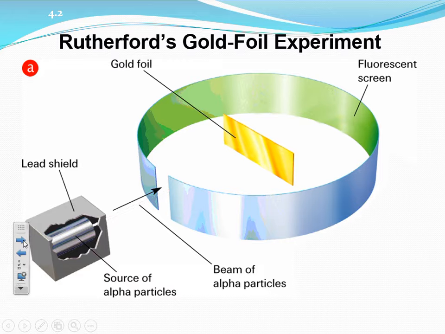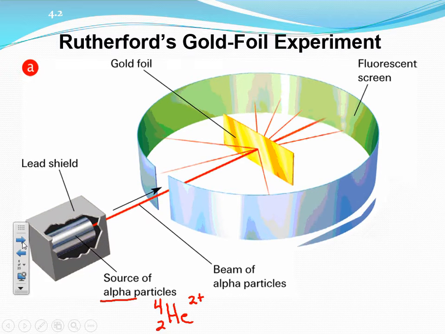A man named Rutherford followed him, and he used something called the gold foil experiment. He had a lead shield around the source of alpha particles, and alpha particles are helium nuclei. So they're stripped of their electrons, so they're positively charged, and you have this beam of alpha particles going through.